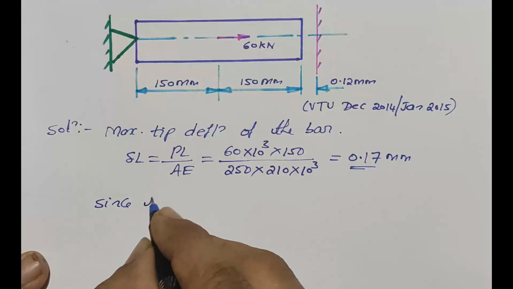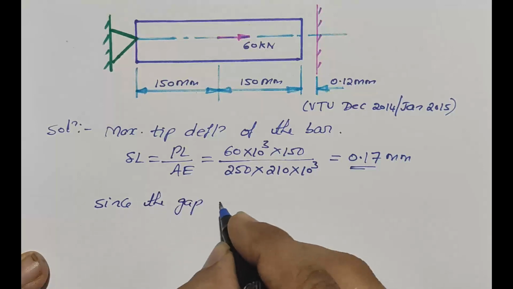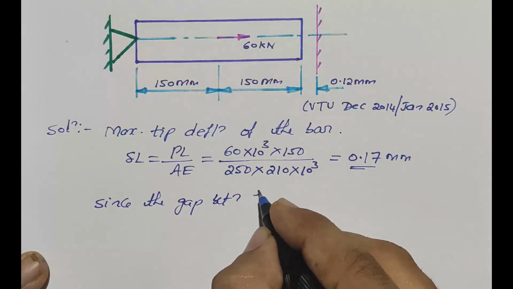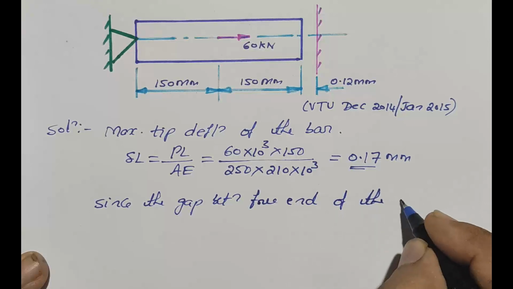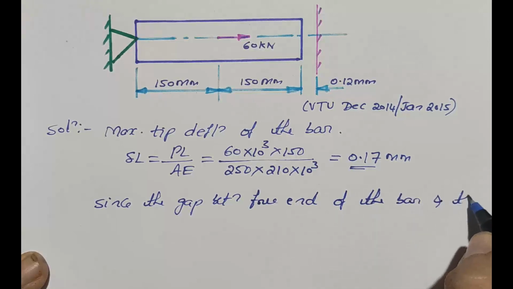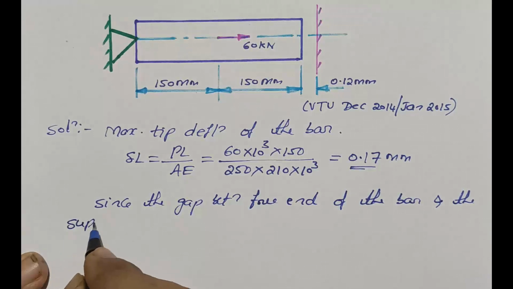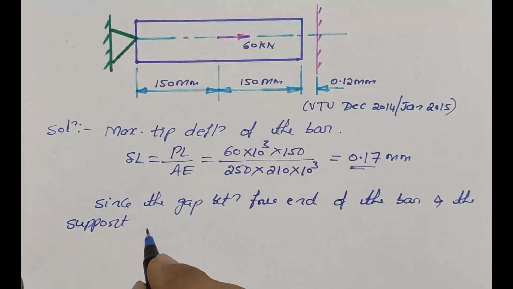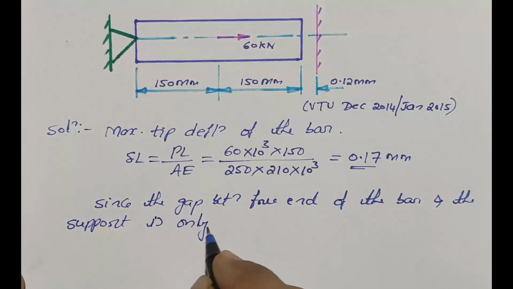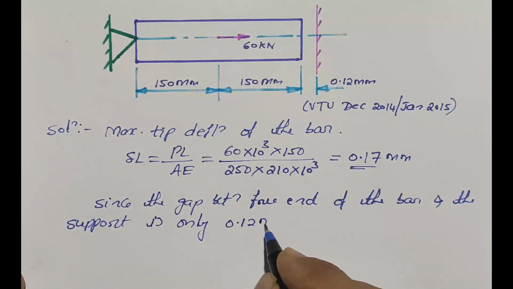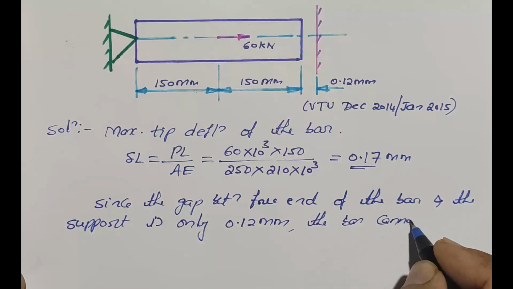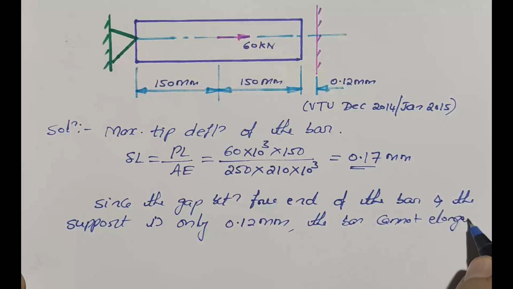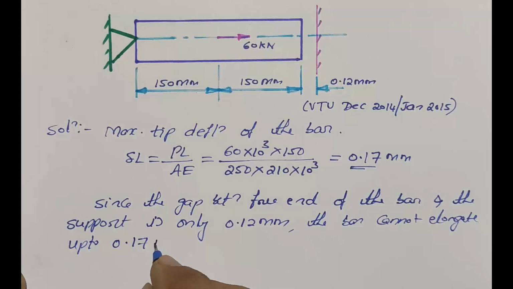Since the gap between the free end of the bar and the support is only 0.12 mm, the bar cannot elongate up to 0.17 mm.